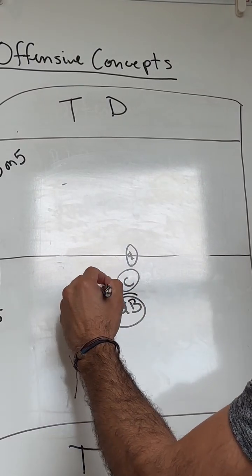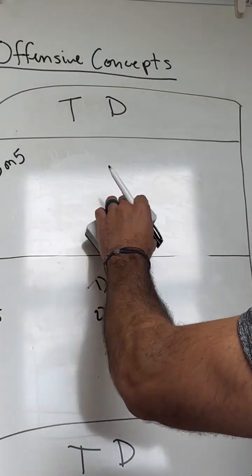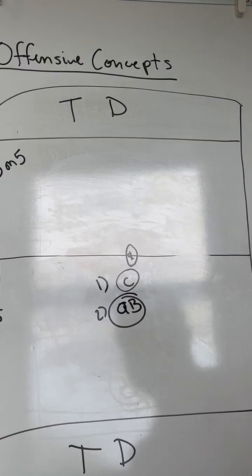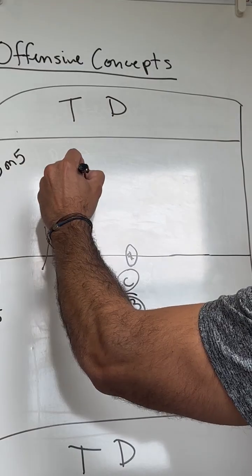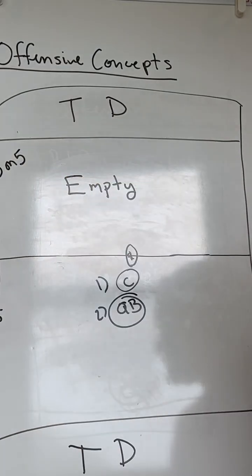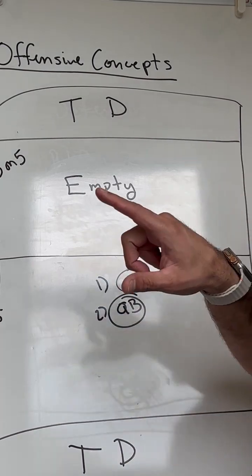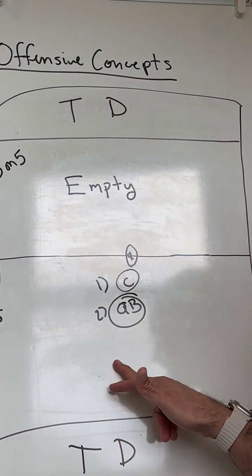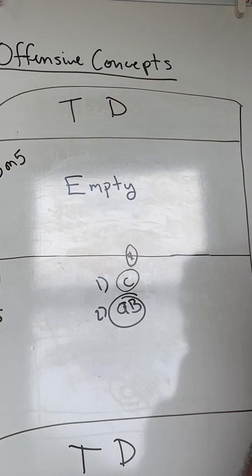The second concept that we're going to use when we pick a formation, which is how we line up on the offensive side of the ball, is a word called empty. Single back meant single, 1, back, running back, which means we're going to have a running back behind the quarterback, and that's where they sit.